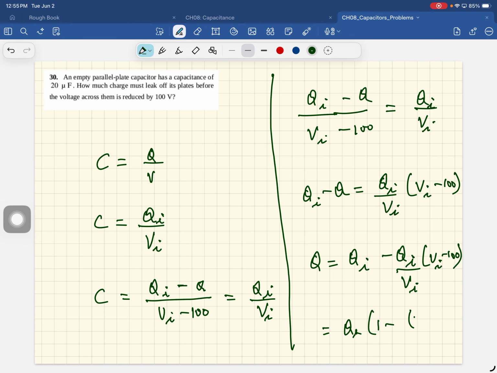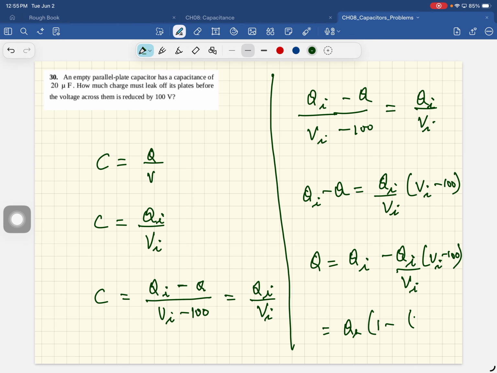So C is 17.5 divided by 8.5, which is 2.06 microfarads.